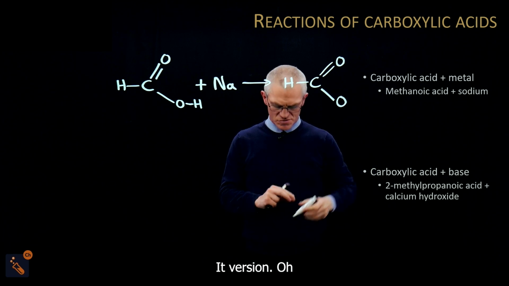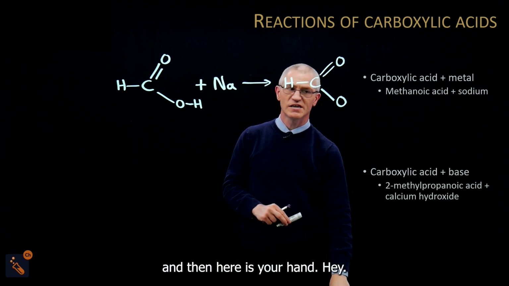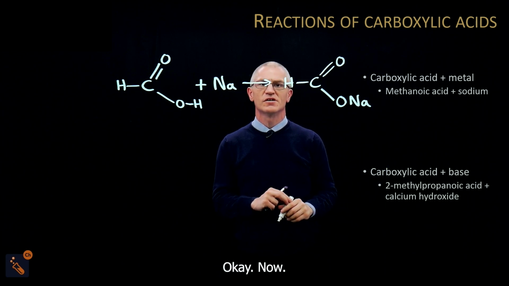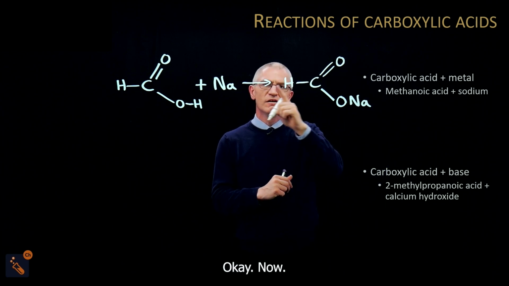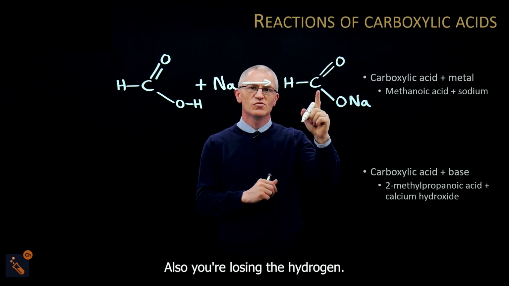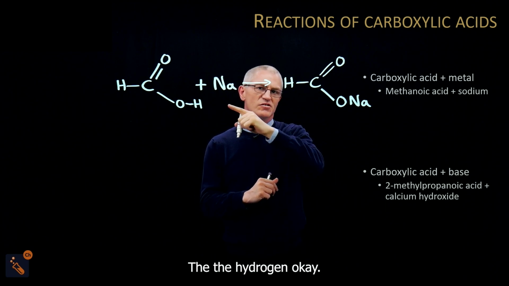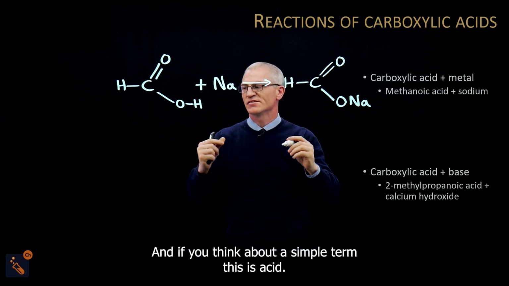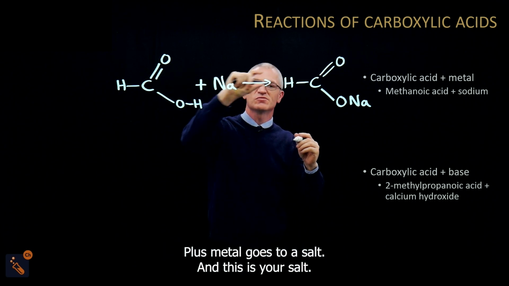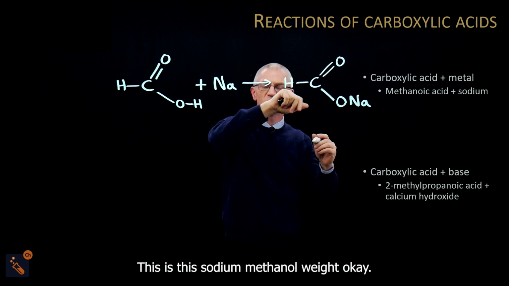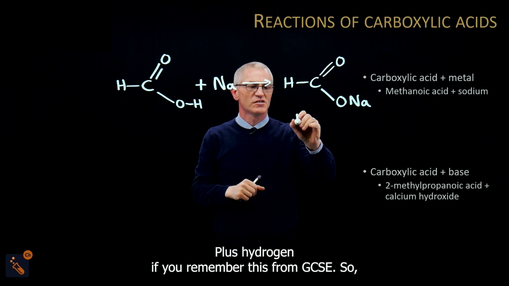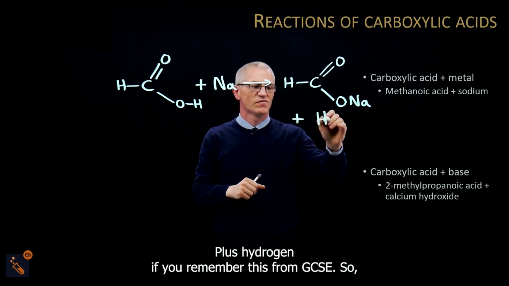So there's your O, and then here is your Na. Also you're losing the hydrogen. If you think about this in simple terms, this is acid plus metal goes to a salt, and this is your salt, sodium methanoate, plus hydrogen, if you remember this from GCSE.